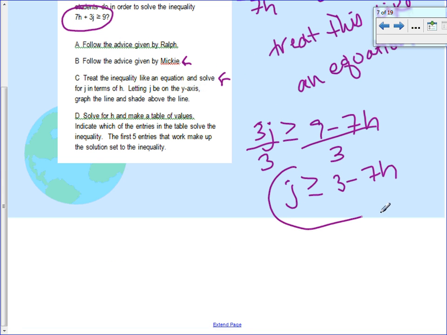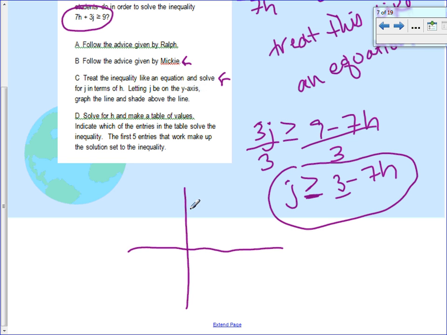Now, I have this. What does this greater than or equal to sign represent on a graph? It's equal to, right? So the line is solid. Solid means my solutions are going to lie on the line.